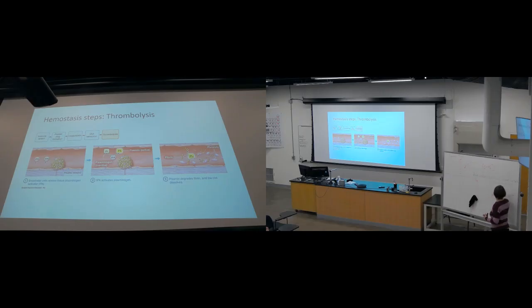So this is an embolus. What is going to happen to the tissue that was supplied by this coronary? Is it going to be healthy or is it going to die? It's going to die, right? That is going to cause a myocardial infarction.